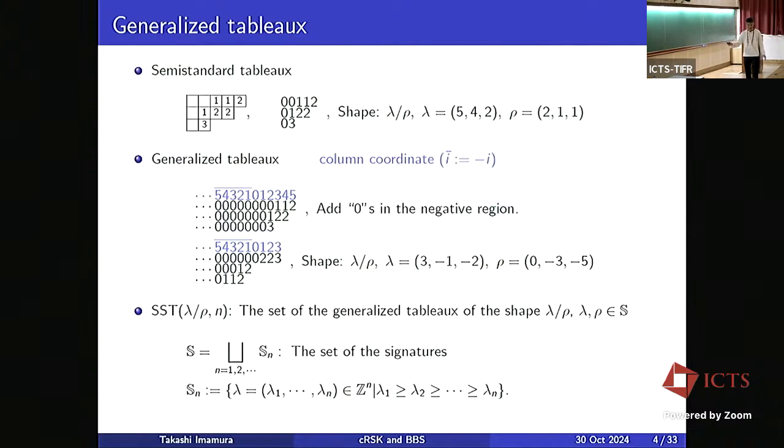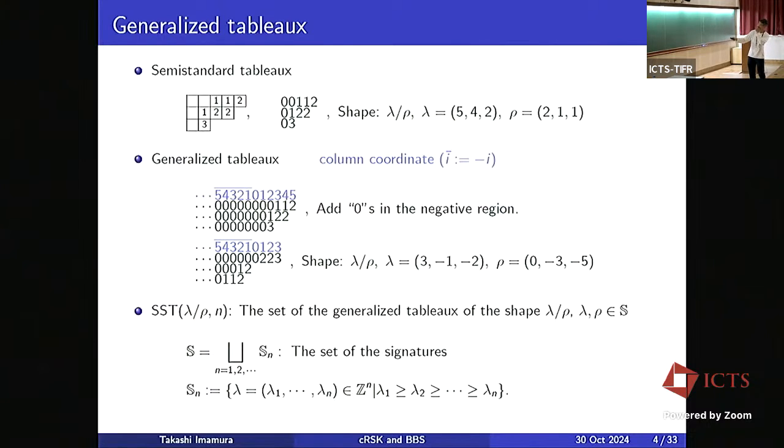But in order to make the dynamics invertible, we introduce a generalized tableau, where there are infinitely many 0 elements in the negative side like this. And in the top row here, we write the column coordinate marked in blue, like here.